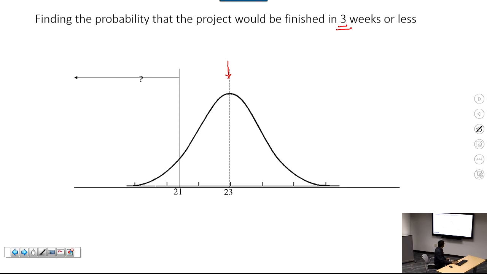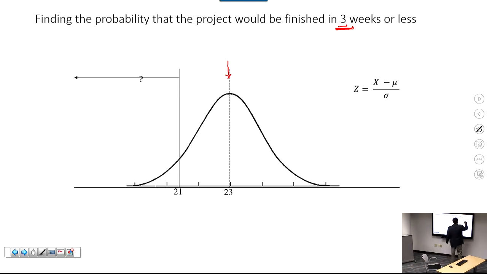All right, so next, to find that area of the bell curve, you need to find the value of z associated with the probability that you want to find. You want to find a z value for 3 weeks or 21 days. So here is the formula for z: x minus mu over sigma.